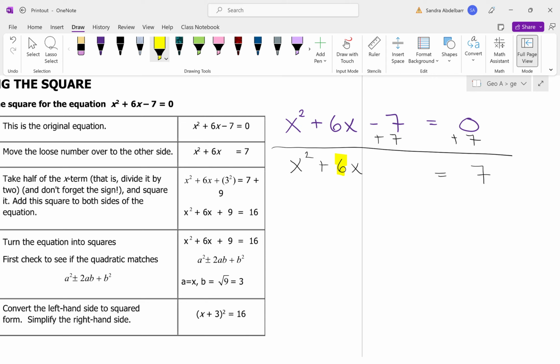Half of 6 is 3. That's not the number you want, though. Once you take half that coefficient, so half of 6 is 3, you're going to now take that quotient and square it. So 3 squared is 9. You're now going to take that product that you just got, that 9, and add it to the left side, but now to keep the equation balanced, I'm also going to add it to the right side.